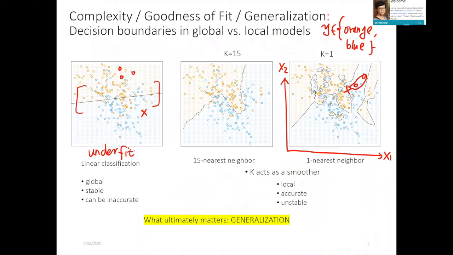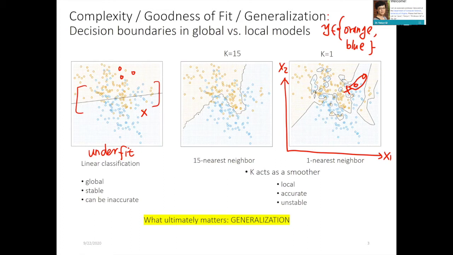At the other extreme is the one-nearest-neighbor case. You only consider one neighbor to make a decision, and you perfectly fit your training data. There's, in fact, zero training error. But for the testing data, it's very difficult to imagine they all fit into these single holes, these blue points.